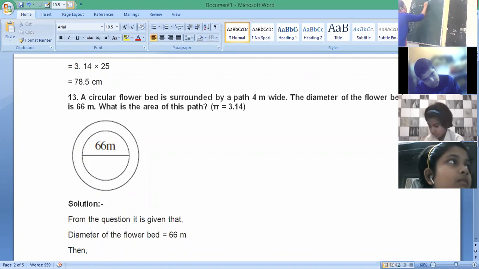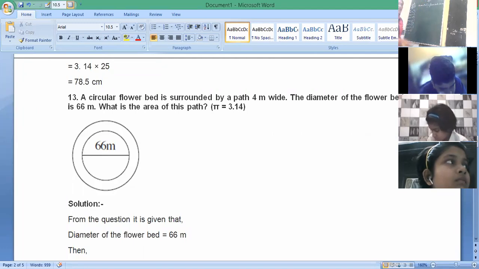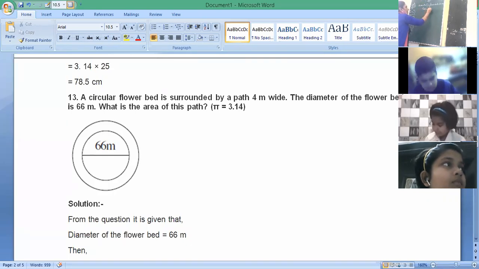The diameter of the flower bed is 66 meters. This is the given diameter, so how do we take out the radius? 66 upon 2. Yes, always when the diameter is given, you have to divide it by 2 to take out the radius.